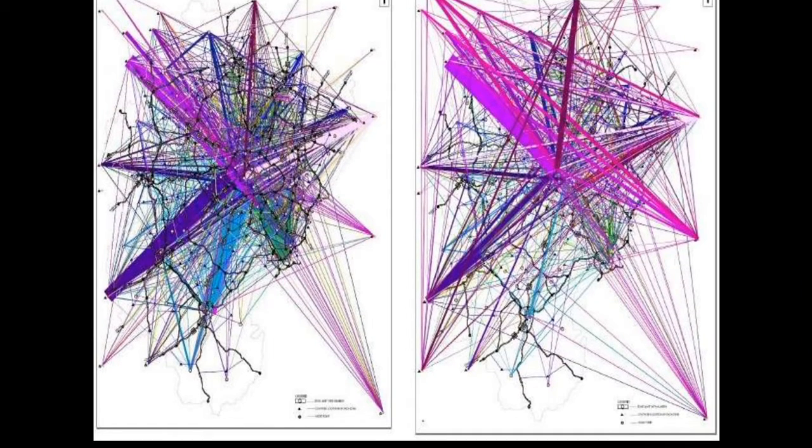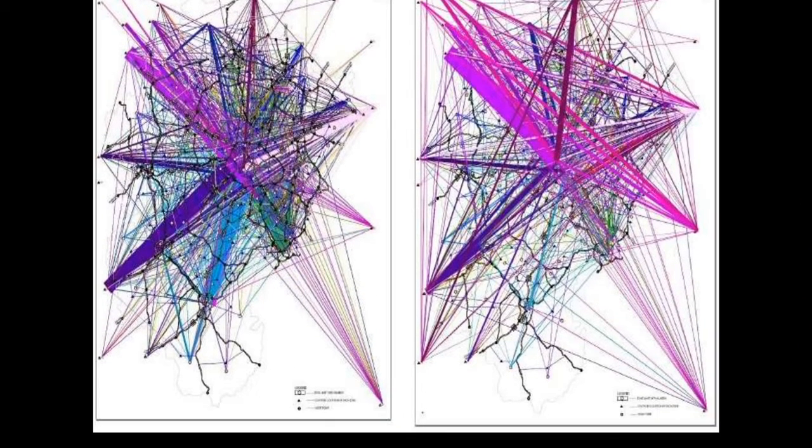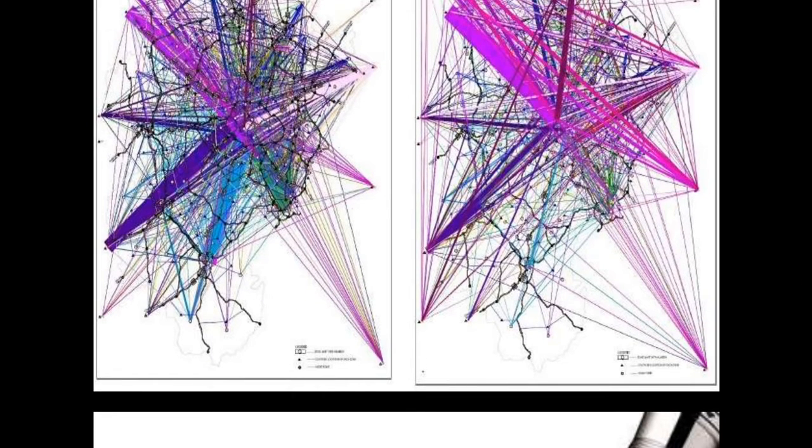Now this is known as a desire line diagram. Considering this as a study area, we have divided this into various wards.